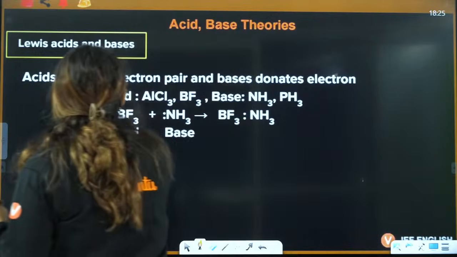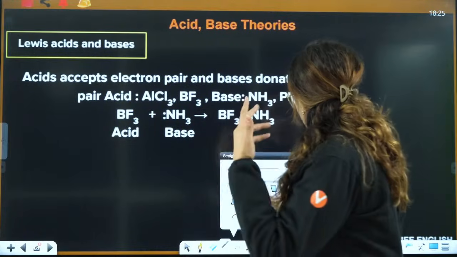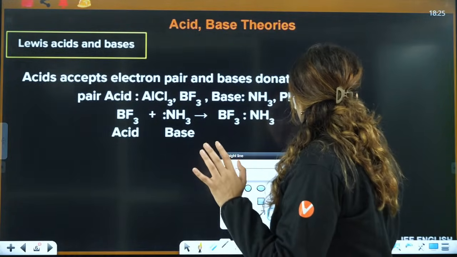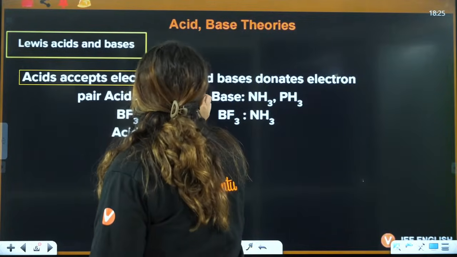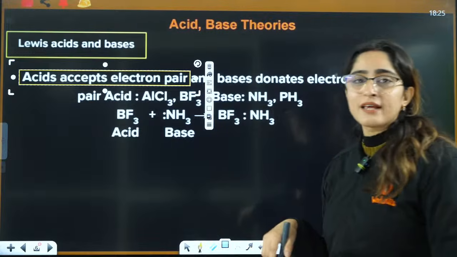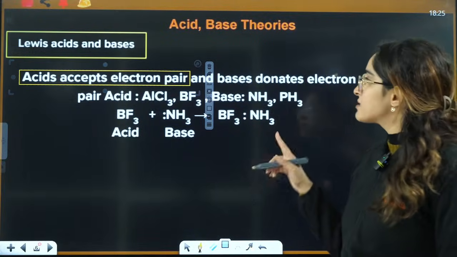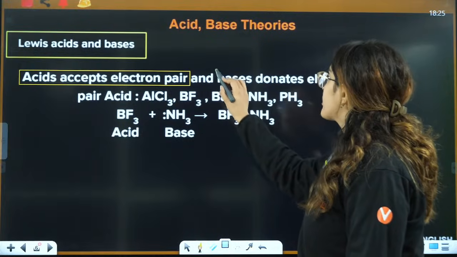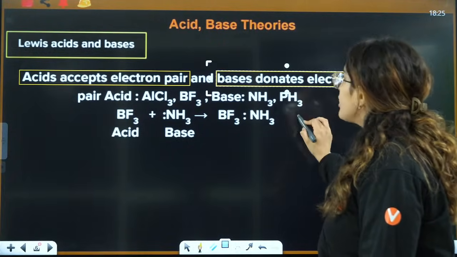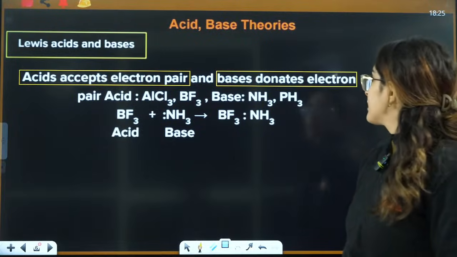An acid accepts an electron pair, and it doesn't matter from which situation it is accepting. It is not saying hydrogen acceptor. Acids are electron acceptors and bases are electron donors, right?